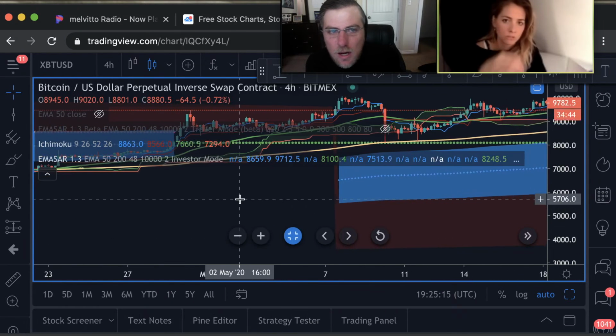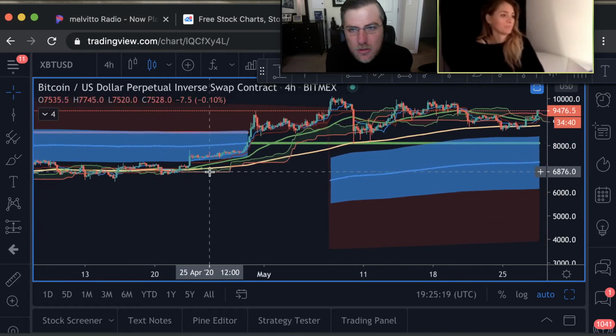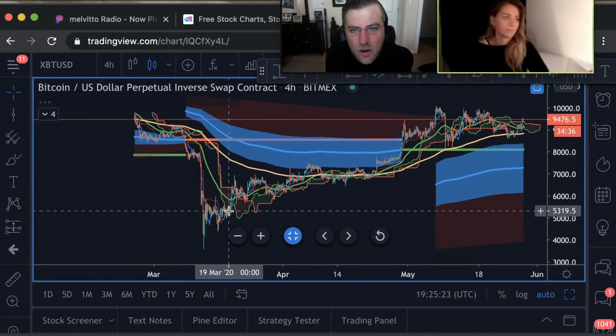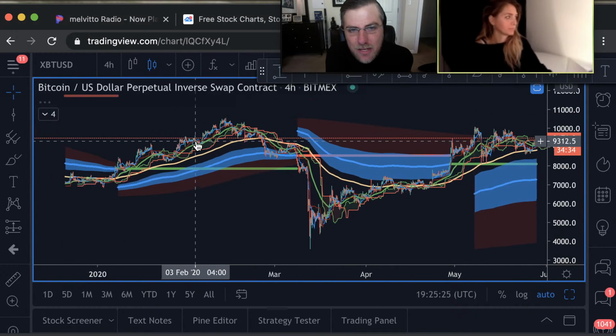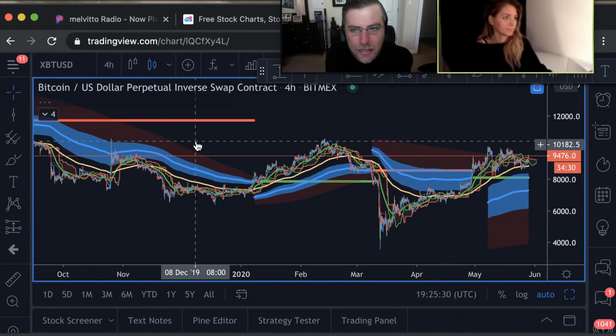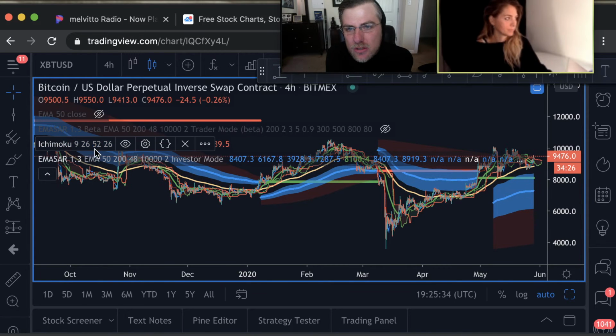Yeah, absolutely. So here, the ocean is basically our area that is the estimated stop, and it's also the area where we're looking to buy or sell, by entering counter trend corrections.